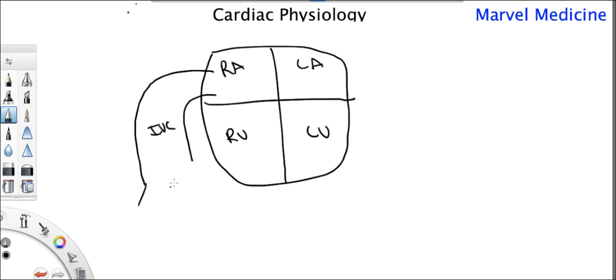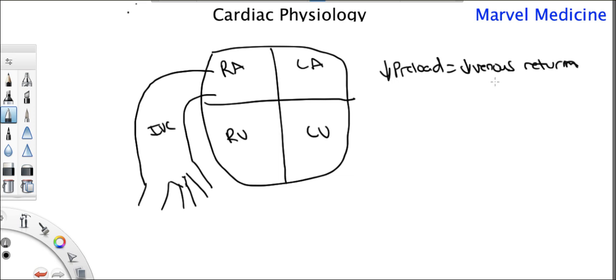Which makes up all the different veins. This is a rough drawing, basically, just to demonstrate what I'm talking about. Okay. What are some things that can decrease preload? What do I mean by that? How can I decrease venous return?